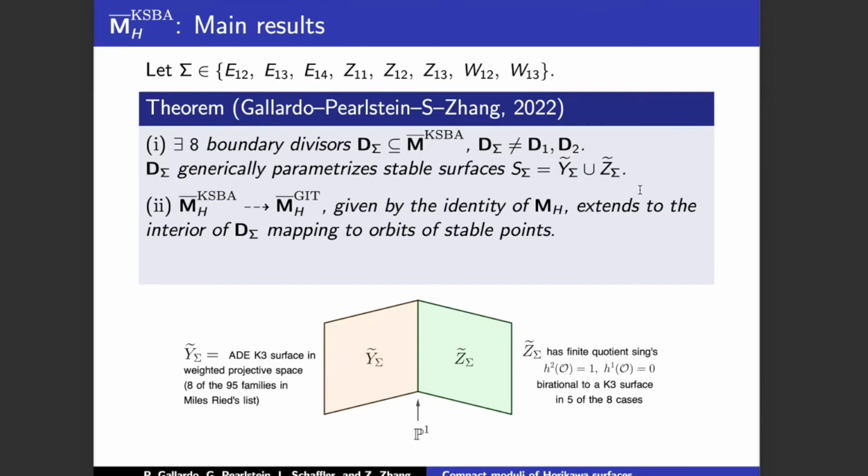Basically, the GIT forgets the information encoded in the Y sigma tilde part of the degeneration. So actually what happens is that there is a contraction of those divisors when you go to GIT, and the relative dimension of this contraction is given exactly by the number of parameters that Y sigma tilde depends on. So this is the GIT theoretic picture.